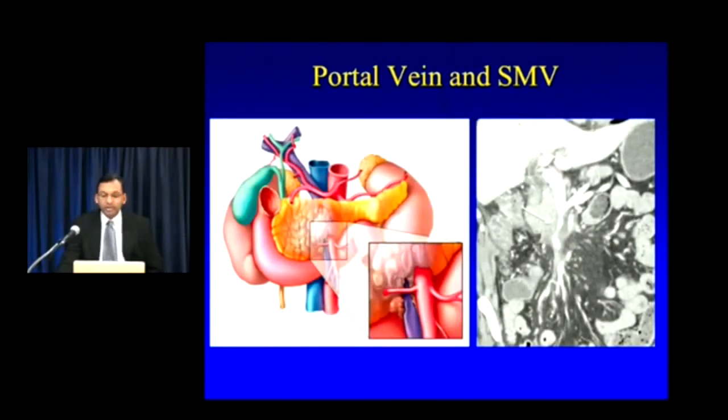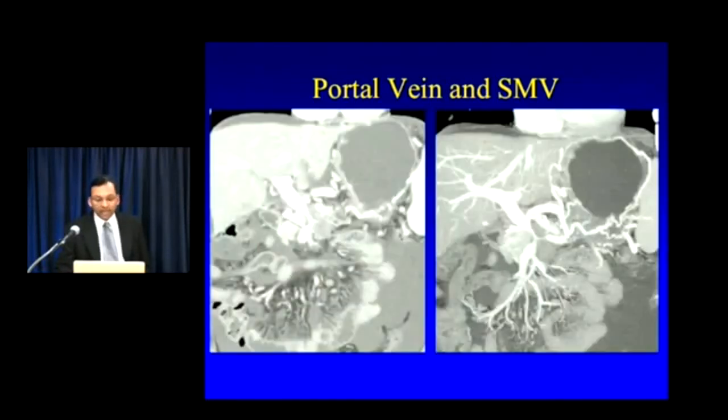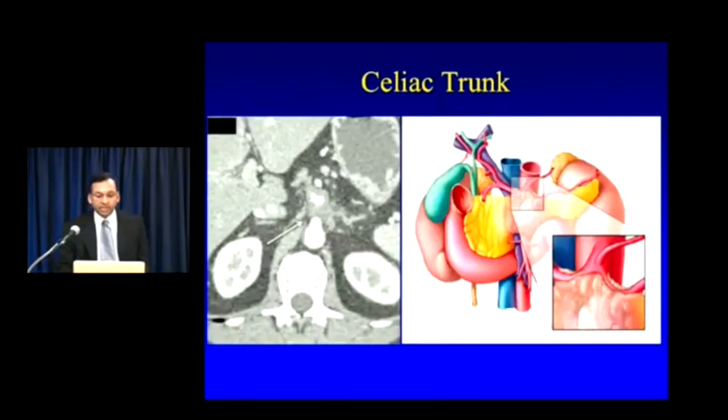You can see that there's about a 3 to 4 centimeter segment of the SMV that's quite narrowed all the way up to the portal SMV confluence. Here's another example. Again, you can see that there's a hypodense tumor in the pancreatic head and neck, and there is significant stenosis not only of the distal main portal vein and confluence, but the superior SMV as well. Give a verbal description and let the surgeon decide whether or not the patient is resectable.